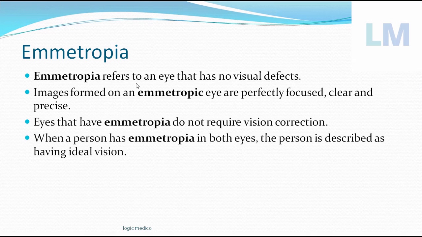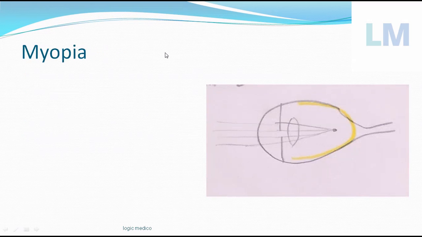When a person has emmetropia in both the eyes, the person is described to have an ideal or normal vision. So they don't require any glasses or contact lenses. The image is formed on the retina. It's focused, clear and precise, and they don't require any visual correction.